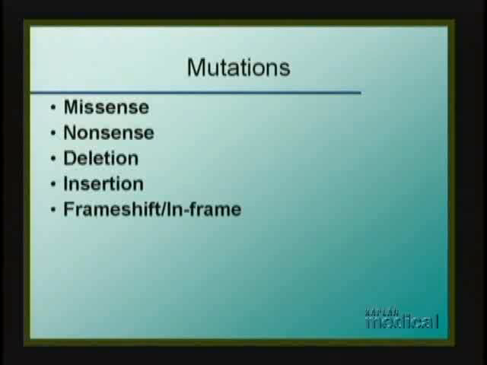Now, also on your screen is the term in-frame. In-frame deletions or insertions are ones in which there is a deletion or insertion of some multiple of 3 bases. For example, the most common mutation that causes cystic fibrosis is a 3-base deletion.